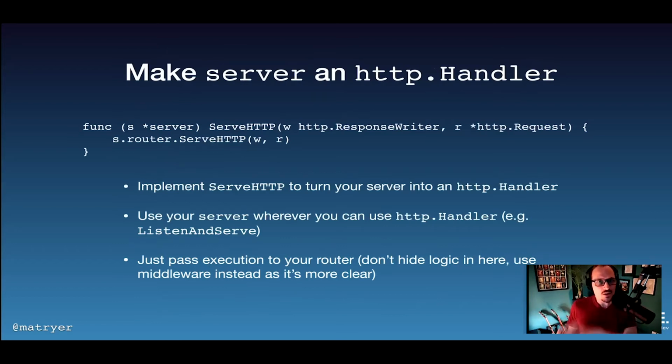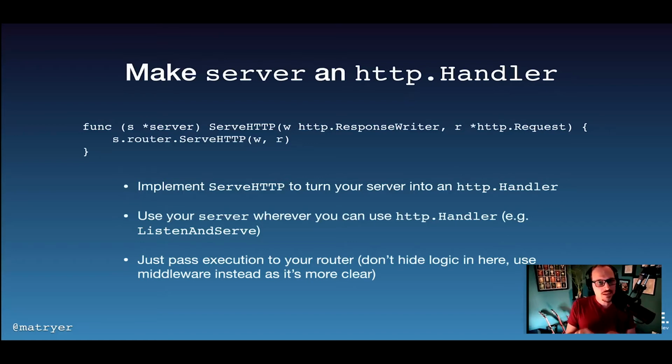To make this server work in an HTTP context in Go, all you have to do is add this ServeHTTP method. Probably most of you have seen this by now. We definitely see it a lot. It's all over the place when you're doing HTTP with Go, and it's really all you need. You've got the response writer for writing the response, and you've got the HTTP request, which describes everything about the incoming request.